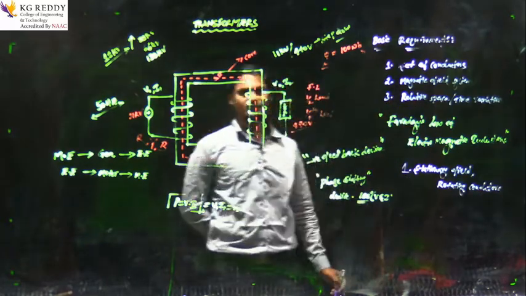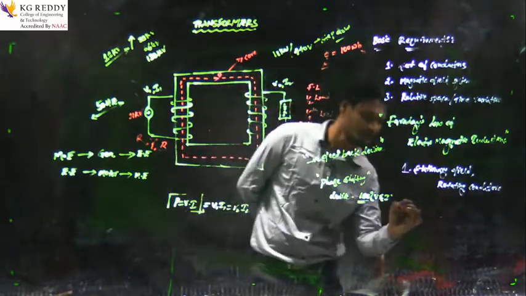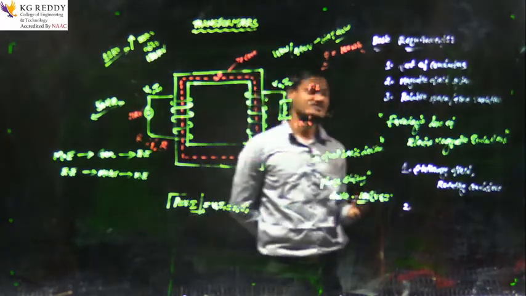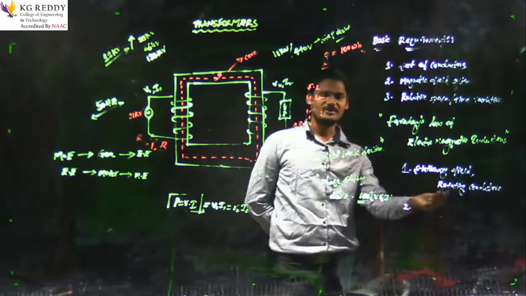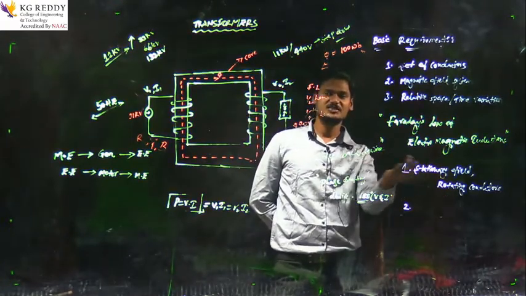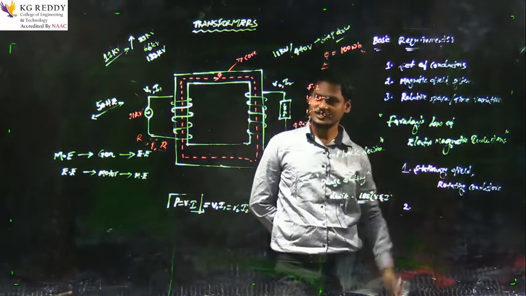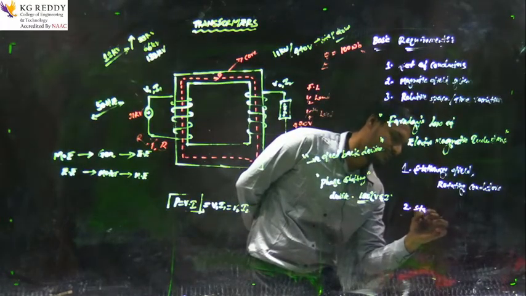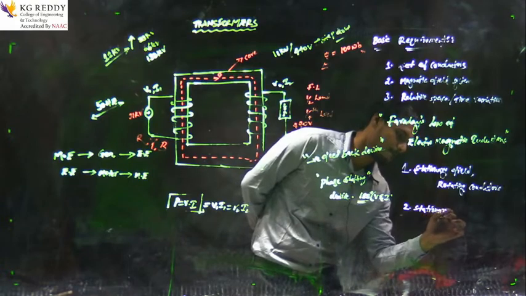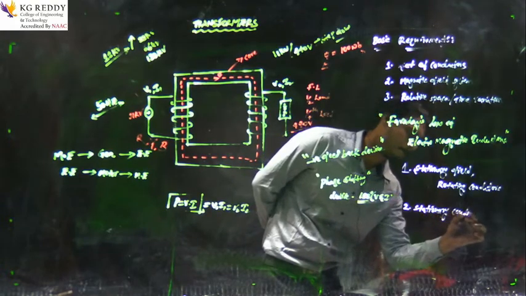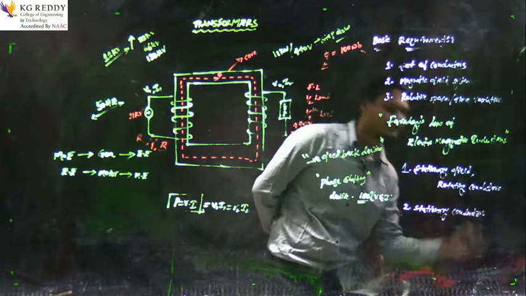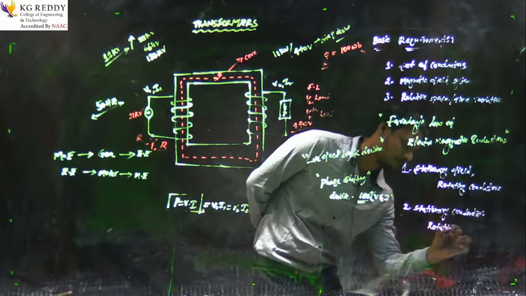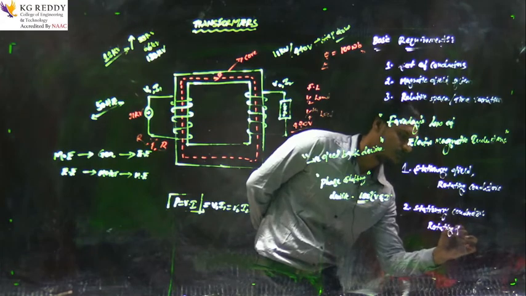What will be the second one? Yes, you can guess easily, right? You can estimate what the second one will be. Obviously, the first one is a stationary field, the second one is a rotating field, right? Exactly. Stationary conductors and rotating magnetic field. I am writing.